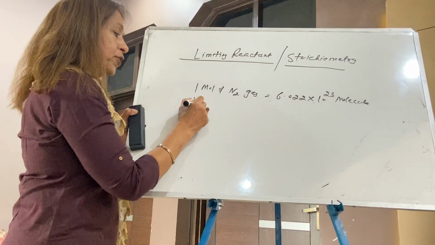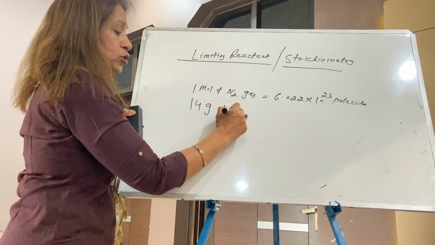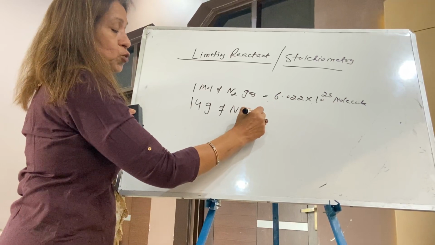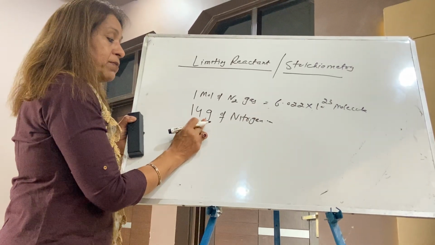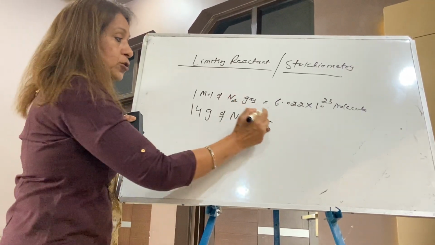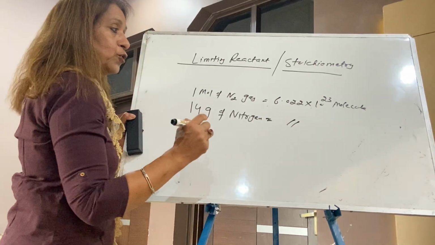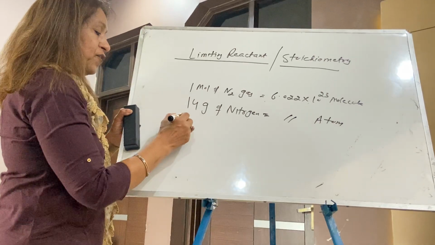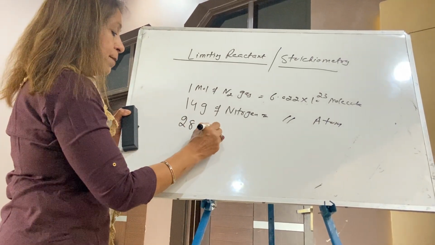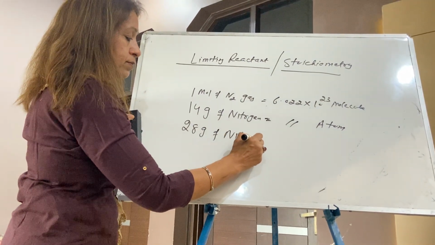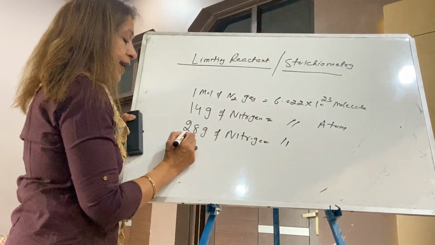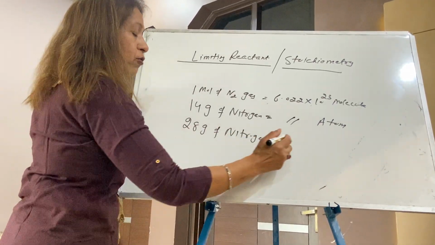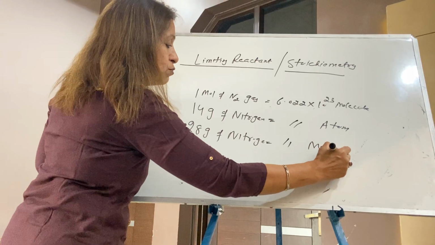If I say 14 gram of nitrogen, because 14 gram is the atomic weight of nitrogen, you will write 6.022 into 10 to the power 23 atoms. If I write 28 gram of nitrogen, 28 gram is the molecular weight of nitrogen, so this carries this many molecules.